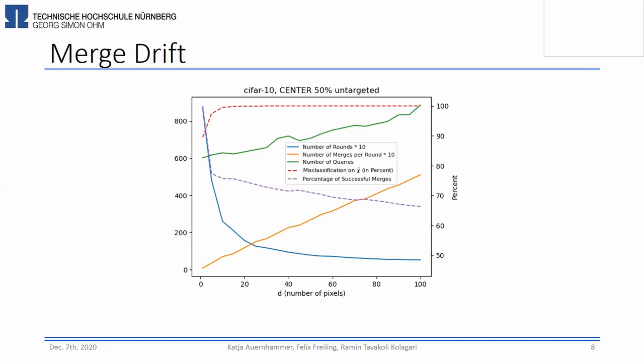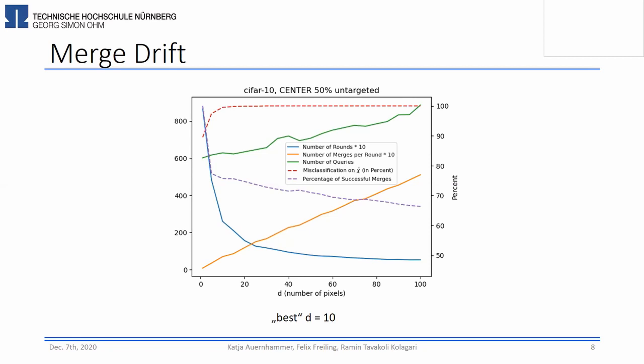So this means as soon as the red graph reaches 100%, we will pick the smallest D. And in our case, this would be 10, here for CIFAR-10. We also did the same experiment on MNIST, and we got a similar result of the graphs, but for MNIST, the best D was 50.